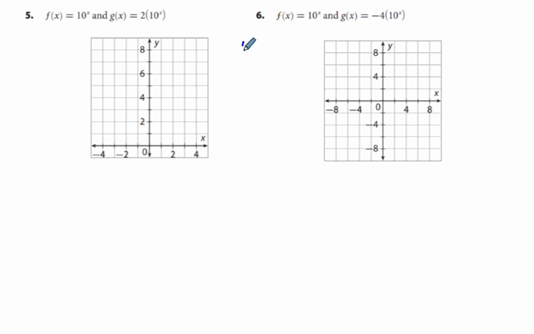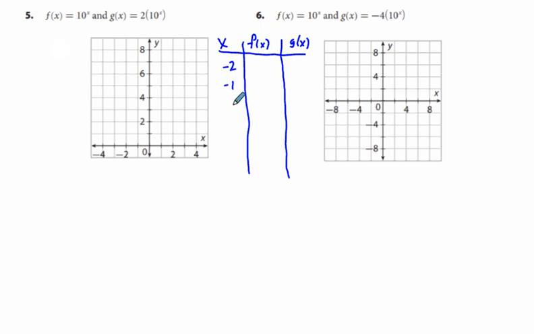I'm going to put x, f of x, and then g of x. So I'm going to go with the same as I did earlier, negative 2, negative 1, 0, 1, 2.